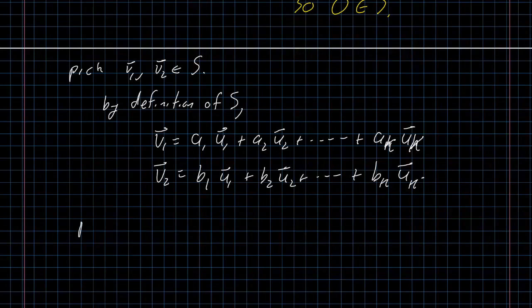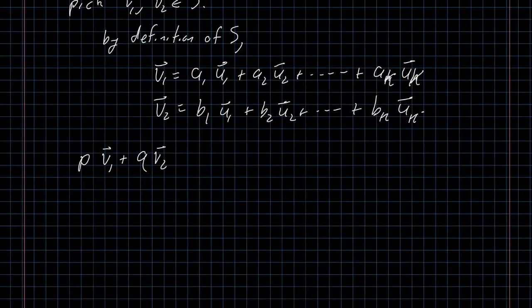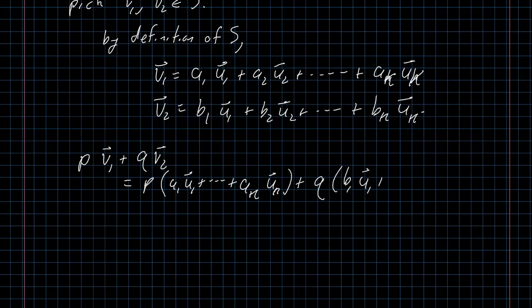Let's take P times V1 plus Q times V2 as a linear combination. Well, that's P times A1U1 down through to AKUK, and then Q times B1U1 down through to BKUK.